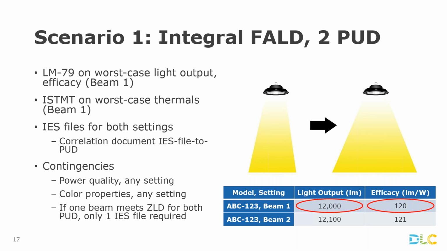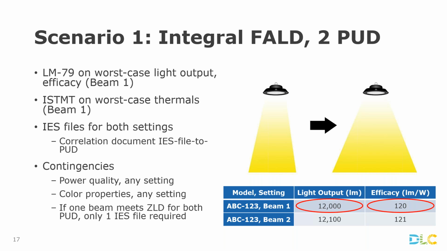The beam 1 setting is slightly less optically efficient, and therefore it will be the lowest light output setting and the lowest efficacy setting. So the LM79 testing that needs to support the submission and qualification of this product would need to be done at the beam 1 setting.